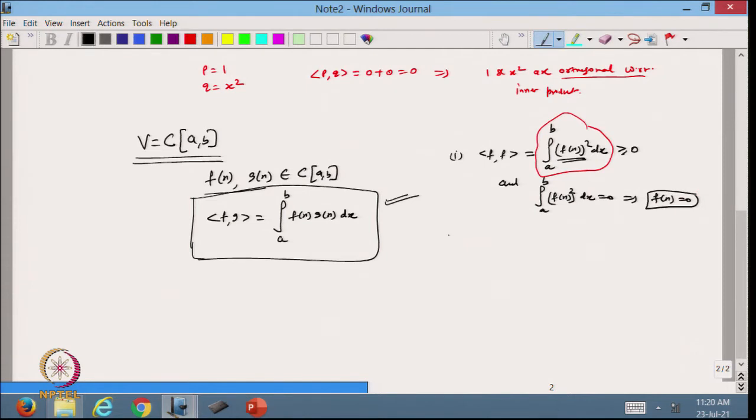So, it is satisfied. The second one is that if I take f and g, then very easily we can say that this is equal to the inner product of g and f. So, it is symmetric also.